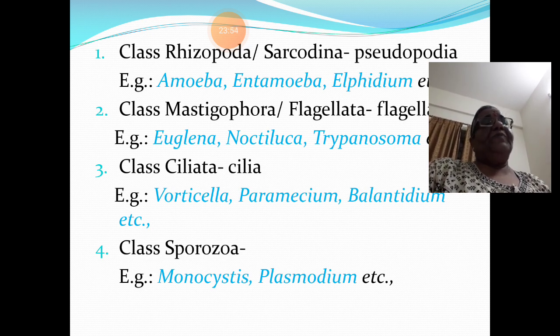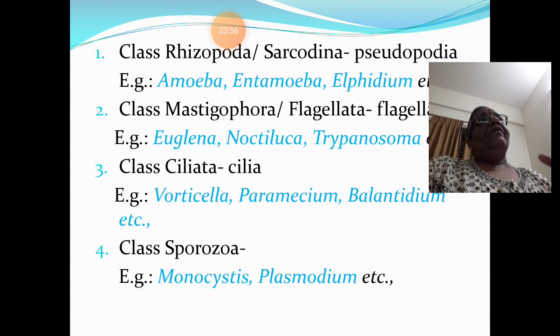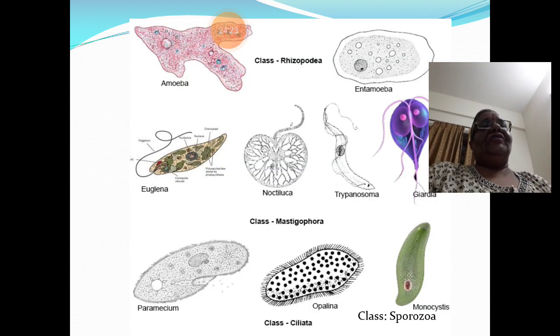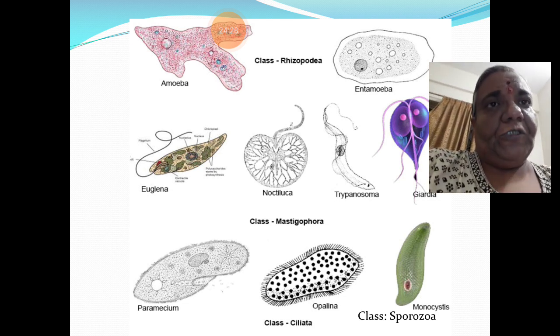Monocystis, Plasmodium, etc. So, according to one method of classification which was in practice in earlier days, the phylum is divided into four classes like Rhizopoda or Sarcodina, Mastigophora or Flagellata, Ciliata and Sporozoa, based on the locomotory structures that the protozoans possess.